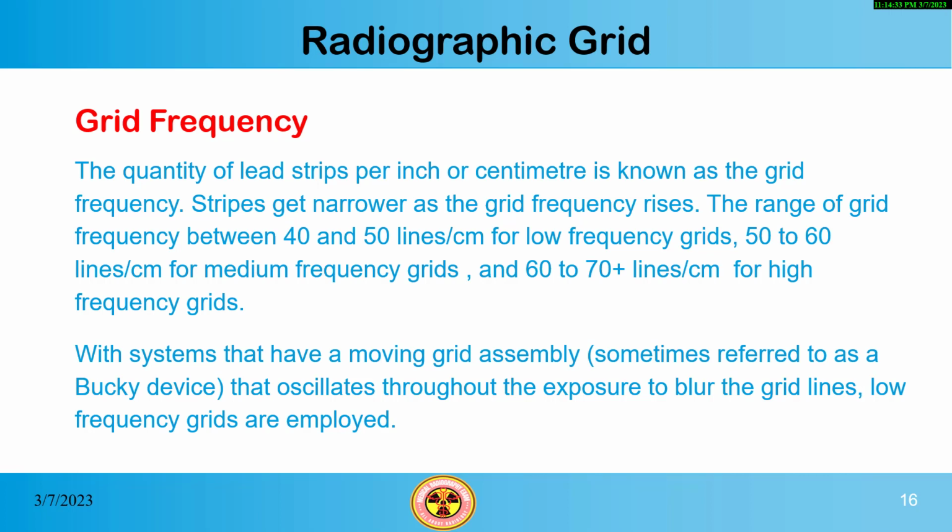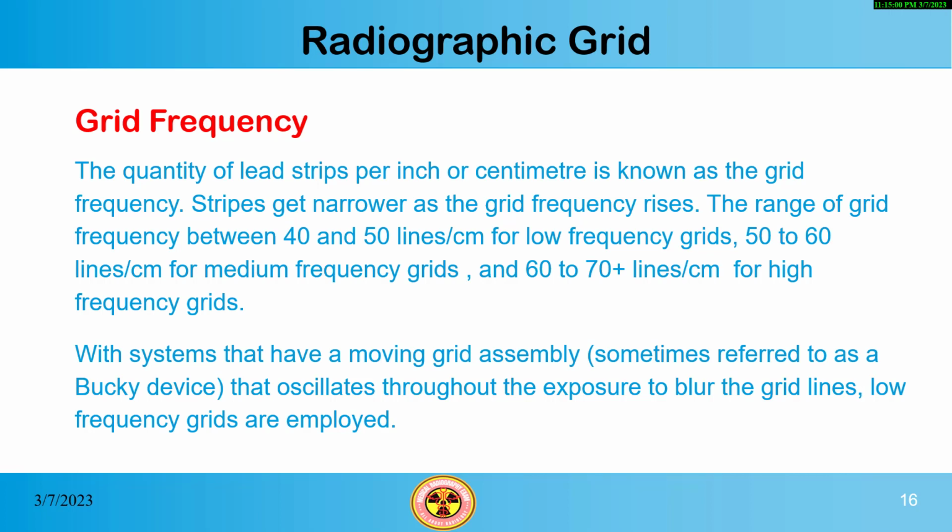Grid frequency. The quantity of lead strips per inch or centimeter is known as the grid frequency. Stripes get narrower as the grid frequency rises. The grid frequency ranges between 40 and 50 lines per centimeter for low frequency grids, 50 to 60 lines per centimeter for medium frequency grids, and 60 to above 70 lines per centimeter for high frequency grids.